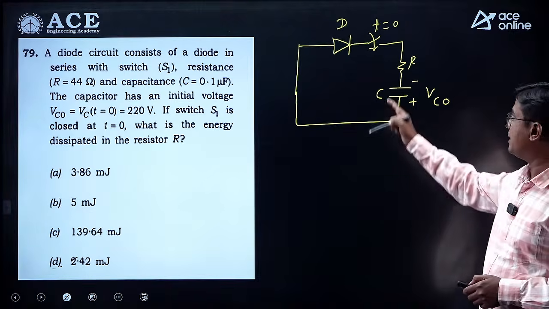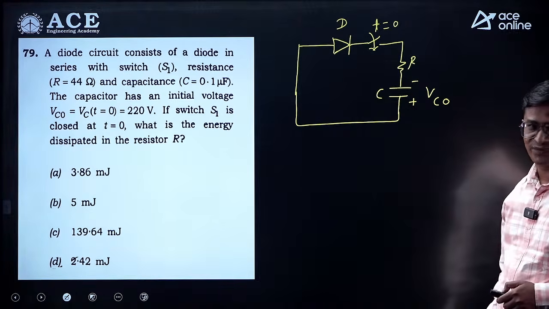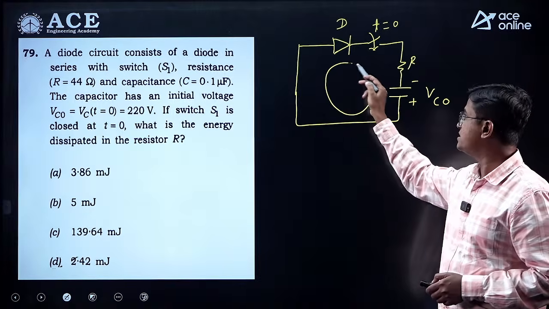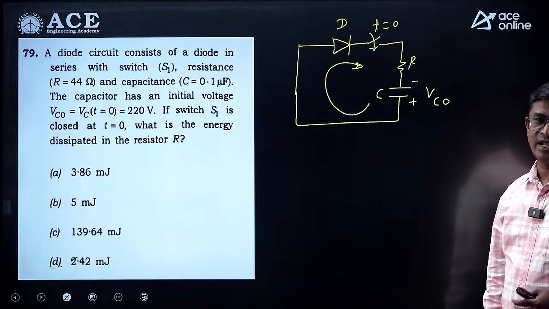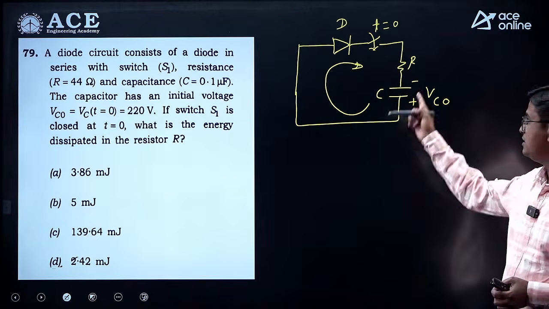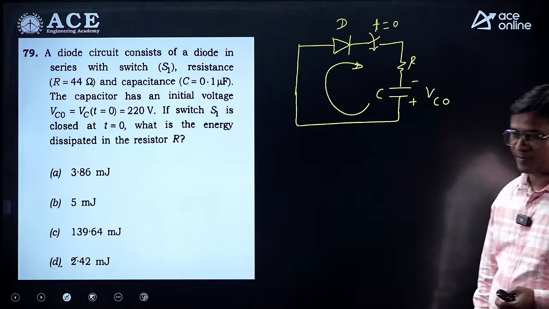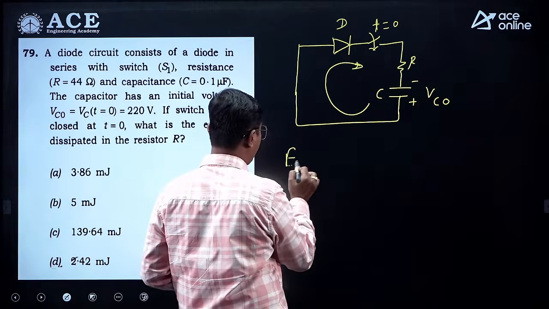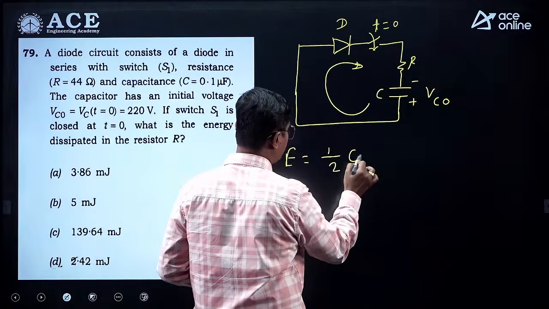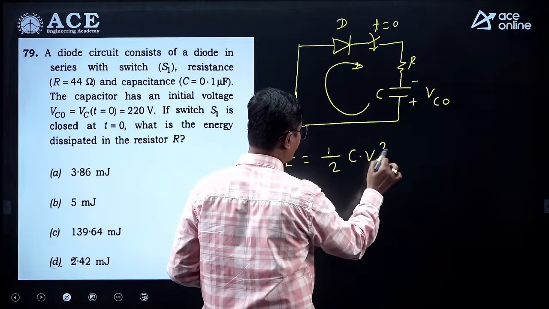Now at t equal to 0, when we close the switch, what will happen? This capacitor will discharge, right? Capacitor will discharge, means the capacitor will give the energy and that energy will be dissipated in this resistor. We know in case of capacitor, energy is equal to half into CV square. So it is E equal to half into C into VCO square.